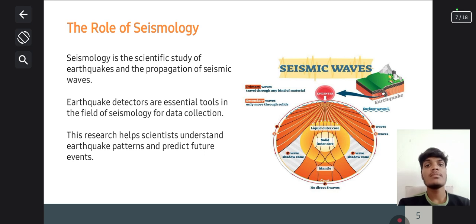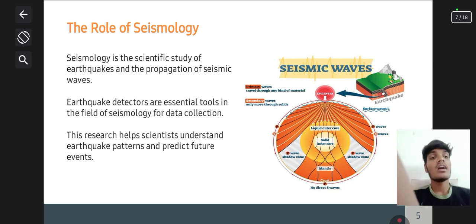This research helps scientists understand earthquake patterns and predict future events. Earthquake detectors are mainly used to understand earthquake patterns and predict future events. Upcoming earthquakes can also be automatically detected through earthquake detectors. That is the role of seismology.